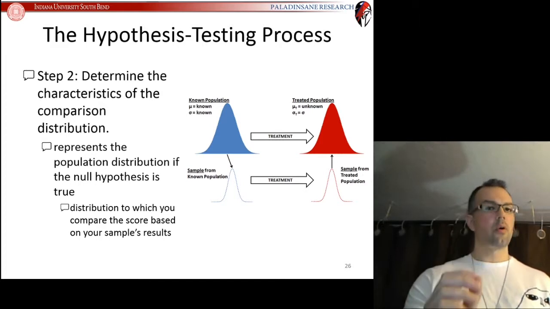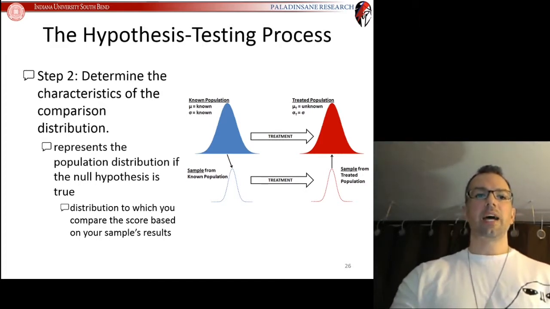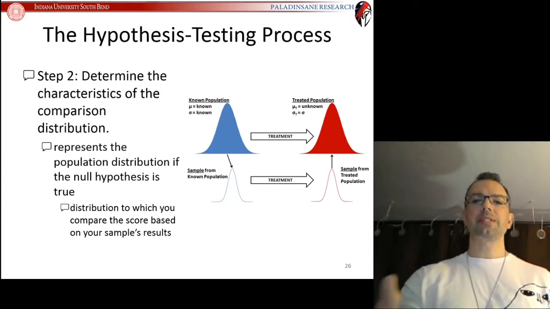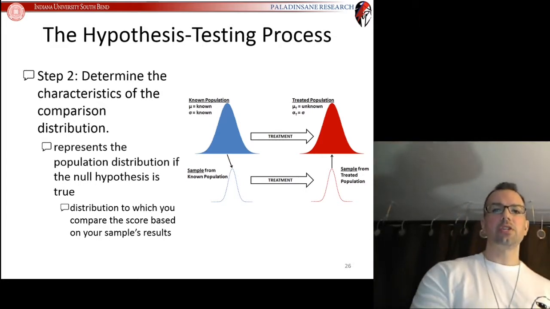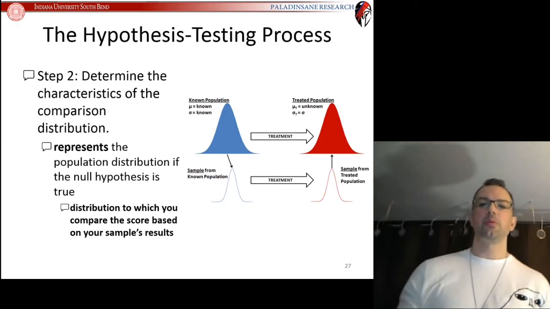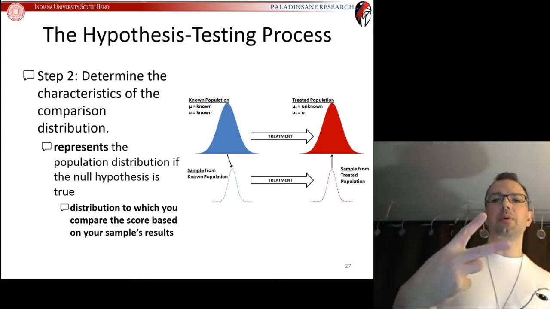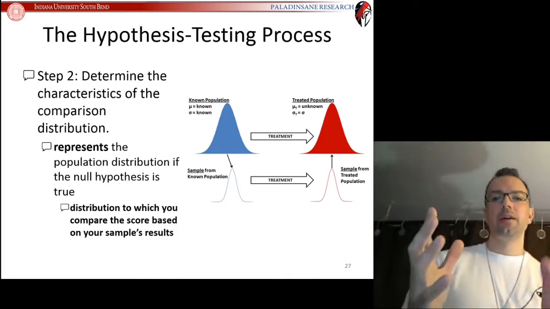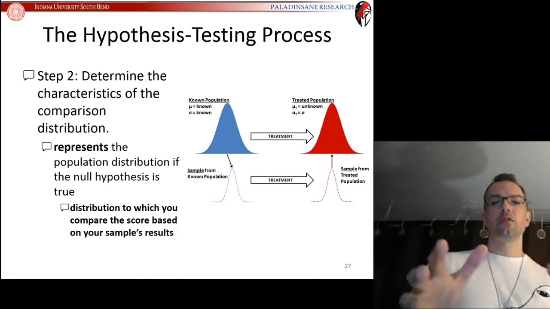So this is a distribution that you compare your sample score, based on your measurement of the sample, to. It's important to realize for this, going forward in this course, that this comparison distribution represents the population distribution. It is not the same as the population distribution whenever you have a sample that is larger than 1.